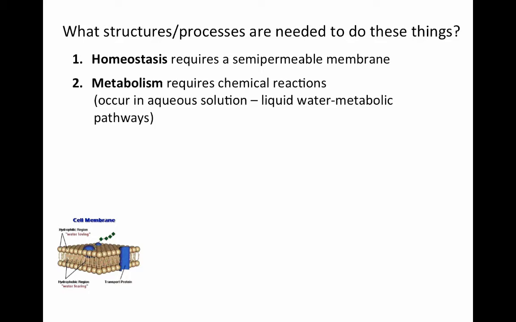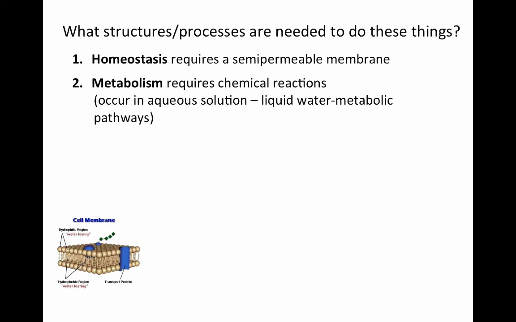Second, metabolism requires chemical reactions, and these are usually catalyzed by enzymes, and they mostly occur in aqueous solution. So a liquid water environment is critical to having these metabolic processes occur. Also, most of these biochemical reactions occur in a very narrow range of acid, so in a narrow range of pH.